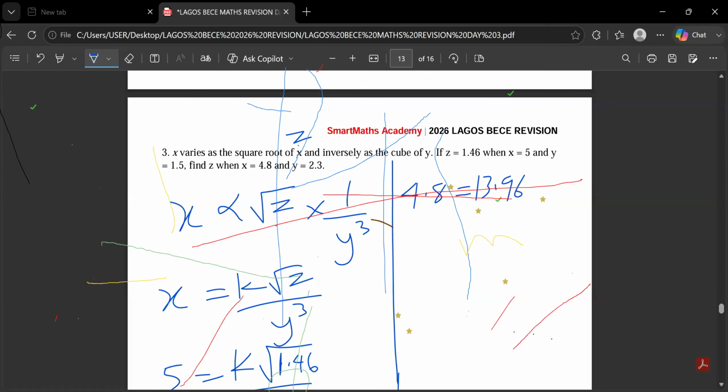Then we are looking for the value of the square root of x divided by y cubed, that's 2.3 cubed.